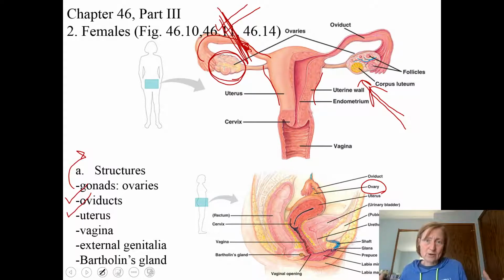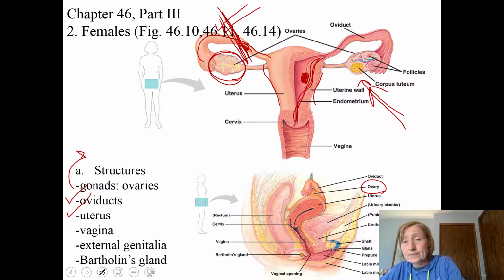This is the site where the embryo develops, where the fetus develops, and the embryo implants itself on the uterine wall. You can see how muscular and thick this uterus is, but the embryo is going to implant itself on the wall, and the inner lining of the uterus is called the endometrium.